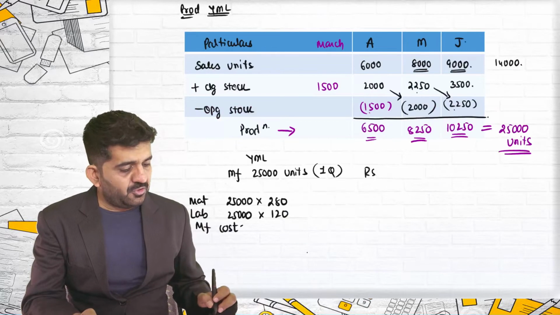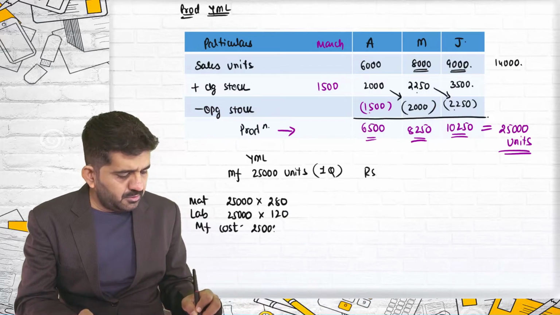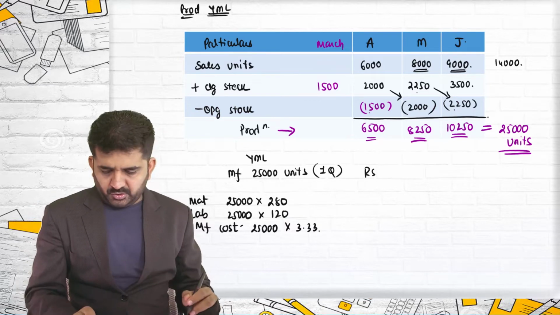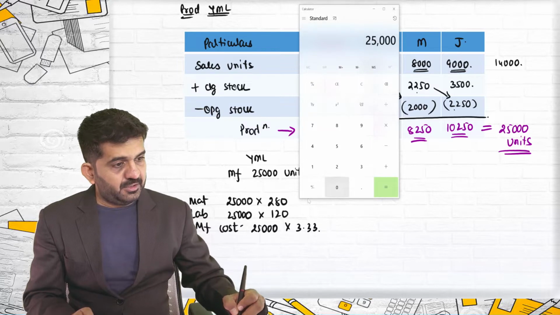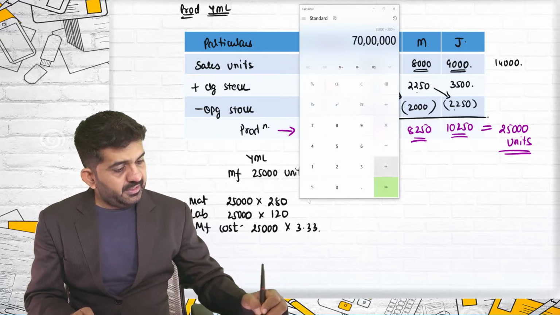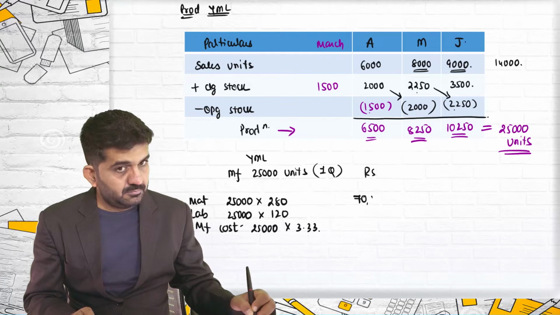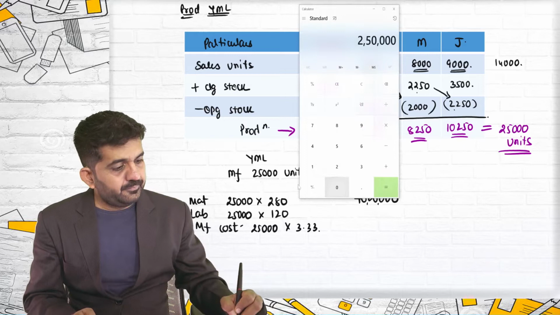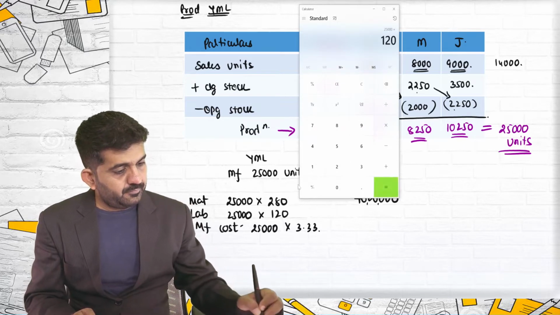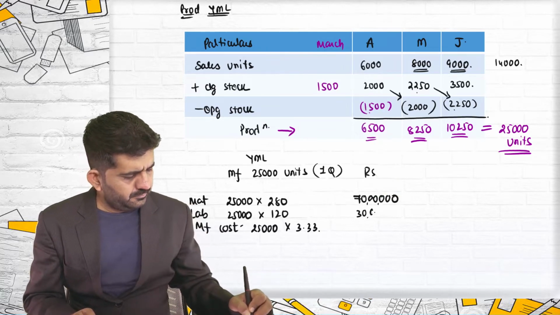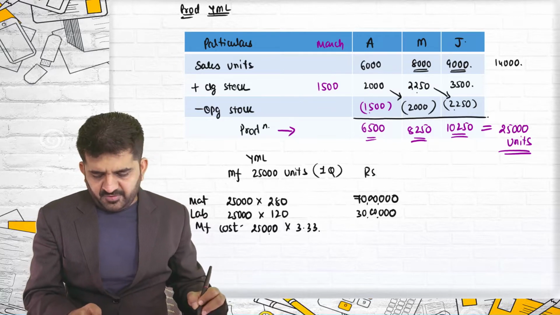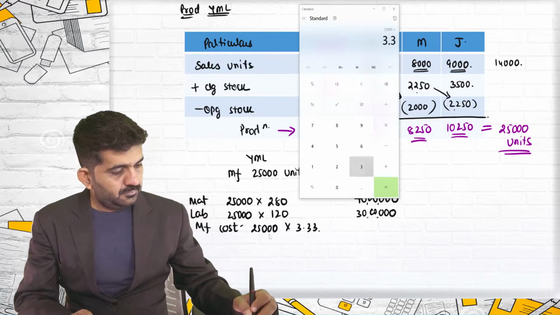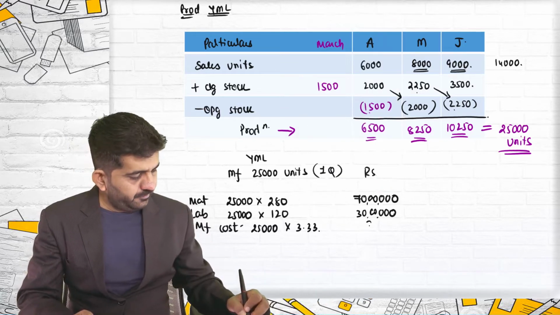How many units am I manufacturing of YML? 25,000 into 3.33 will be my manufacturing cost. I need to find out 25,000 into 280, which is 70 lakhs; 25,000 into 120, which is 30 lakhs; and 25,000 into 3.33, which is 83,250.